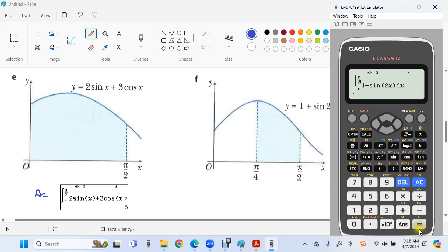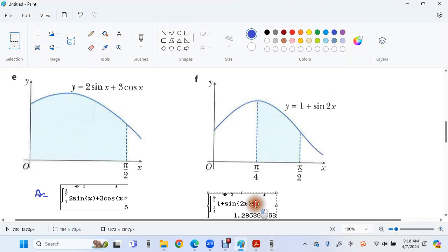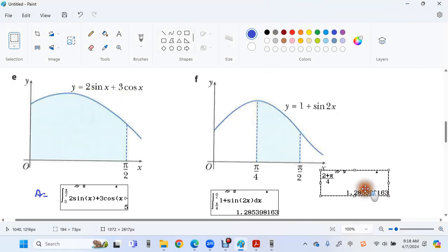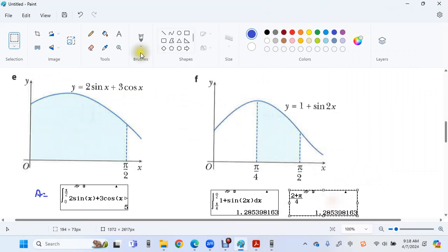This is the answer, 1.2854, and the answer provided is 2 plus pi over 4. Yes, same. So this is the area.